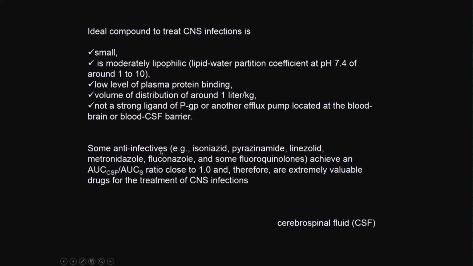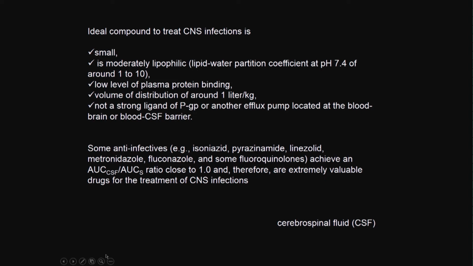For example, some anti-infectives like the tuberculosis drugs isoniazid and pyrazinamide, linezolid, metronidazole, fluconazole and some fluoroquinolones achieve a good CSF to blood ratio of around 1. Therefore, they are very valuable drugs for the treatment of CNS related infection.